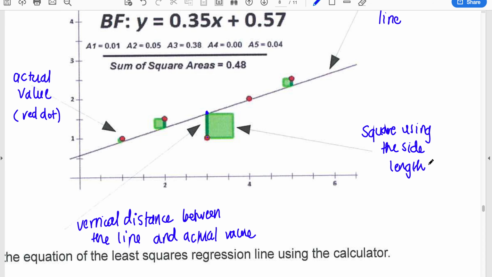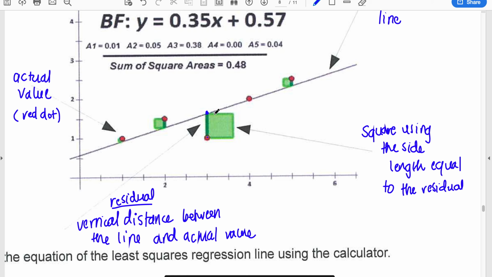Square using the side length equal to the residual. Now, the residual is that word that we use for this vertical distance. So I'll just put that up here as well. A residual, vertical distance between the line and the actual value. And this here is a square made from that vertical distance. So it's got the side length equal to that vertical distance. So this is a square here.